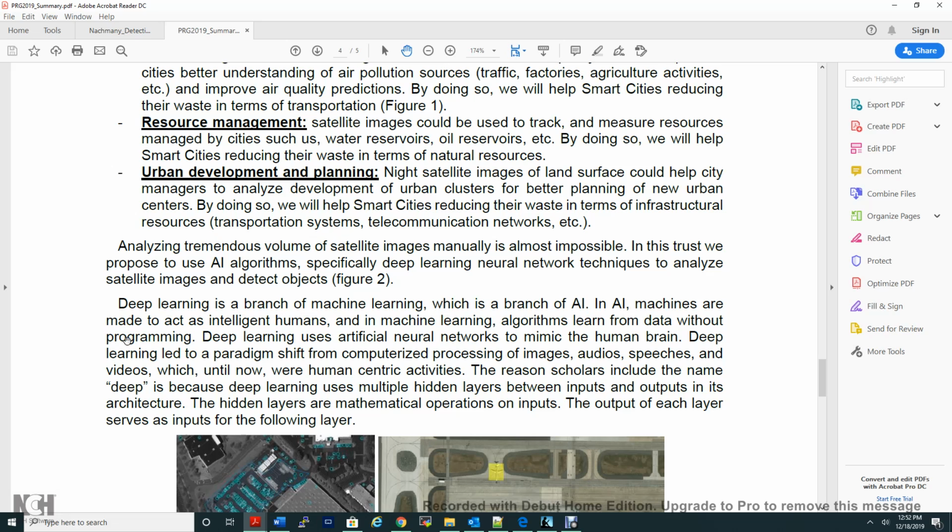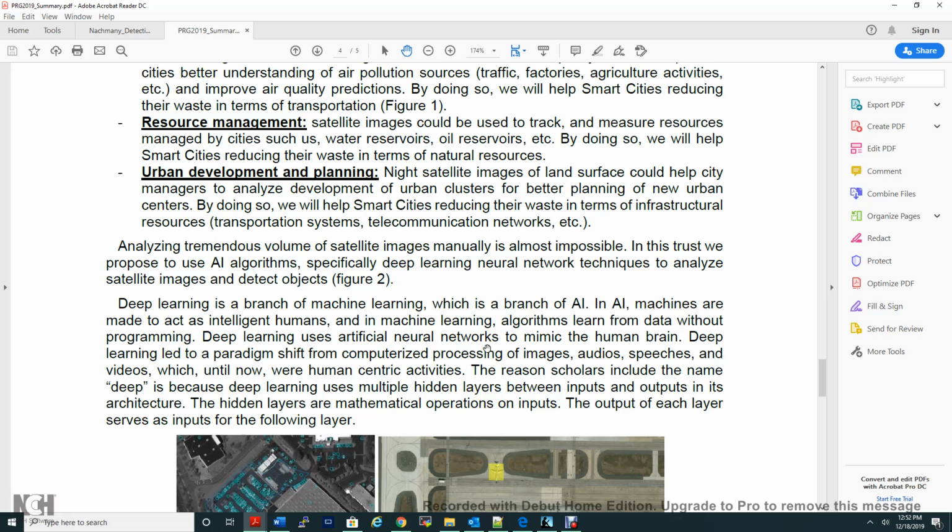In AI, machines are made to act as intelligent humans, and machine learning algorithms learn from data without programming. Deep learning uses artificial neural networks to mimic the human brain. So that's the difference: AI is the larger domain, then machine learning, and inside machine learning, deep learning.